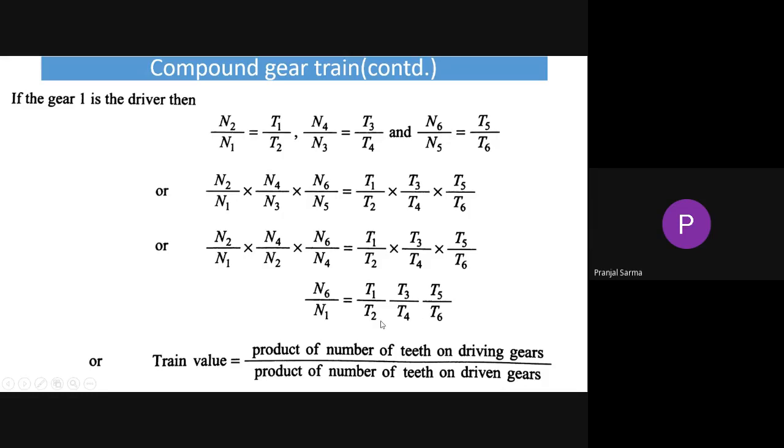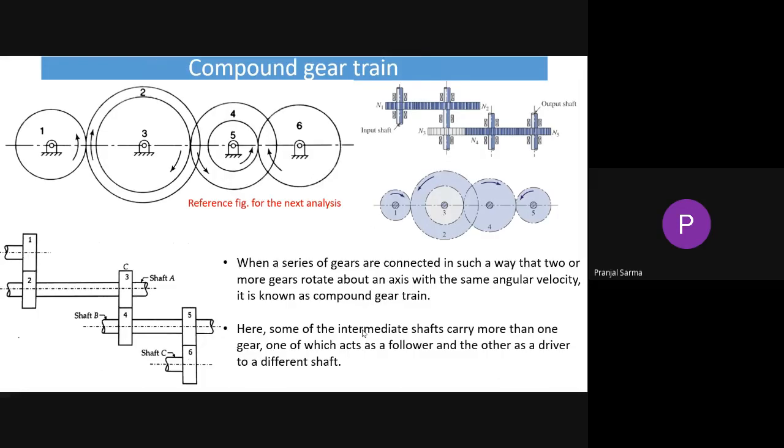Why the odd ones are drivers and the even ones driven: initially 1 is the driver, 2 becomes driven. Now in the 3 and 4 combination, initially we have the movement here in 3, so 3 becomes the driver and 4 becomes driven.